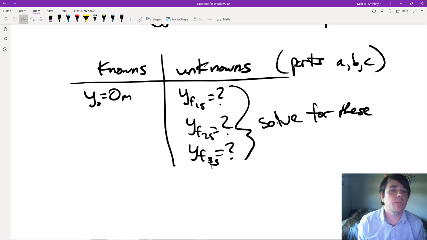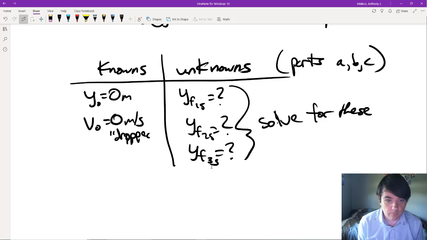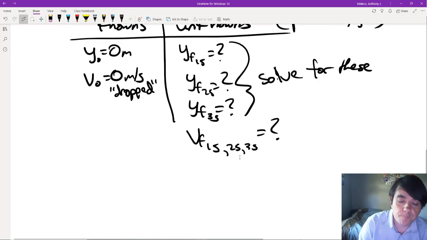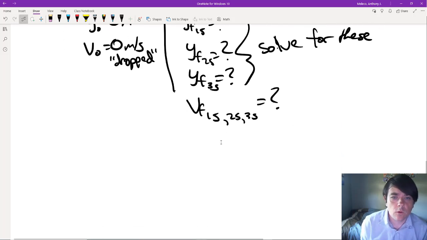That's our positions. Our velocity is 0 for initial because it's being dropped. We don't know our v final at 1 second, 2 seconds, or 3 seconds. So this won't be able to help us out. Our acceleration, we know.